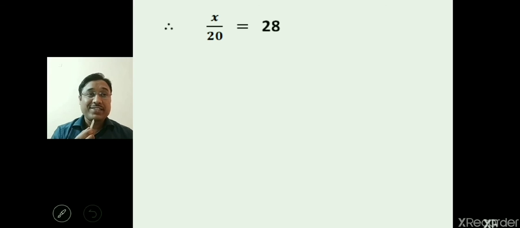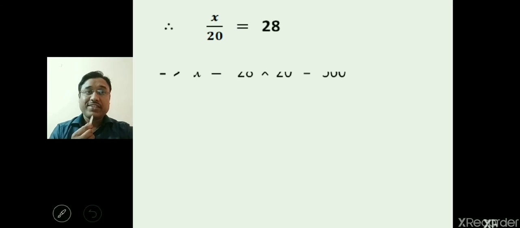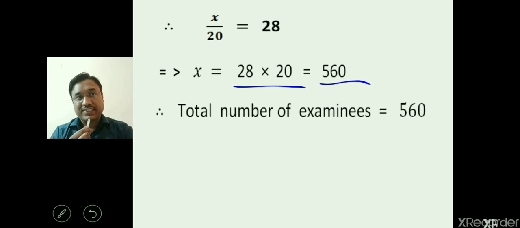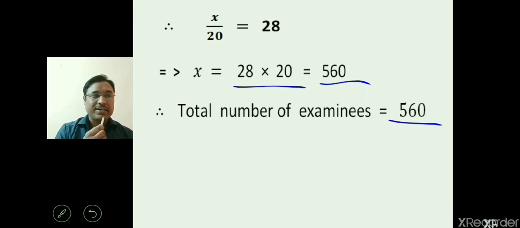Now it's very easy. You can solve that and find the value of x. x equals 28 into 20, as 20 goes to the other side. So 28 into 20 means 560. That is the value of x. So the total number of examinees is 560.